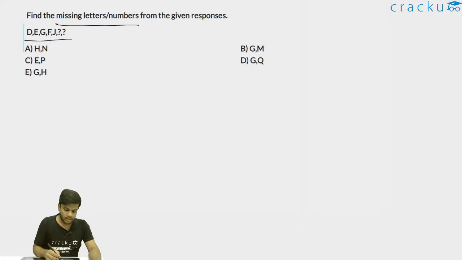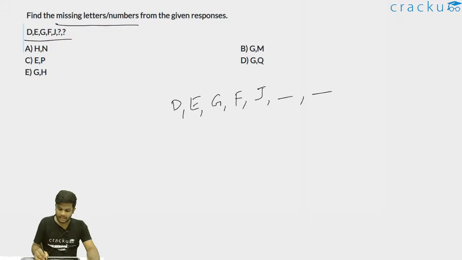So we have some letters given and there are some missing letters. So D, E, G, F, J. So two missing letters, let's denote them by a small x and a small y.